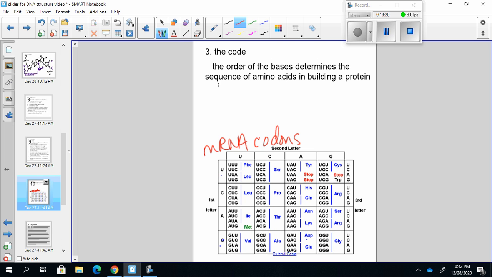So if I just give an example, like if my DNA, my template strand is going to be my 3' side, and it went A, A, A, T, C, G. All right. That means my messenger RNA, it would be 5' and it would go U, because there's no T's in RNA.